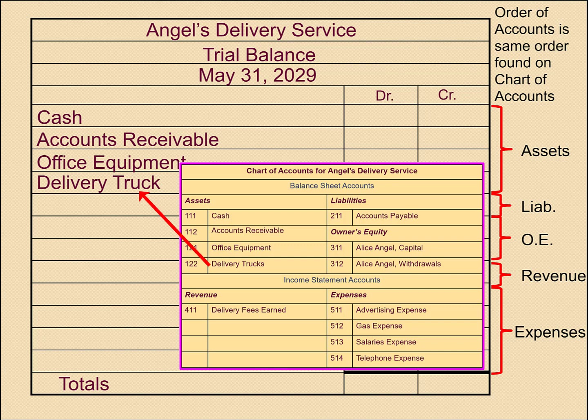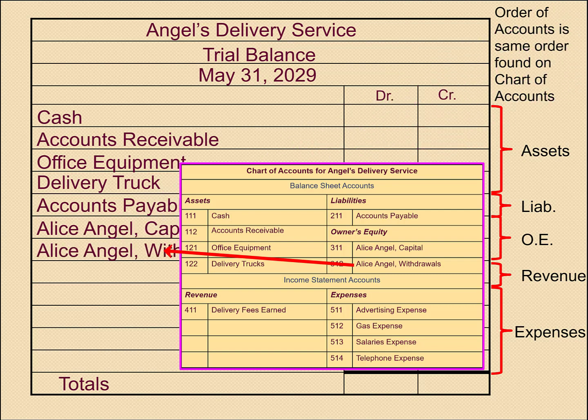And the nice thing about MyAccountingLab is it's really easy on you guys. It usually does not enforce a certain order of accounts when you create the trial balance. All right, next we've got our liability, which is accounts payable, and then the owner's equity accounts, Alice Angel, comma, capital, and then Alice Angel, comma, withdrawals. That's the drawing account, of course.